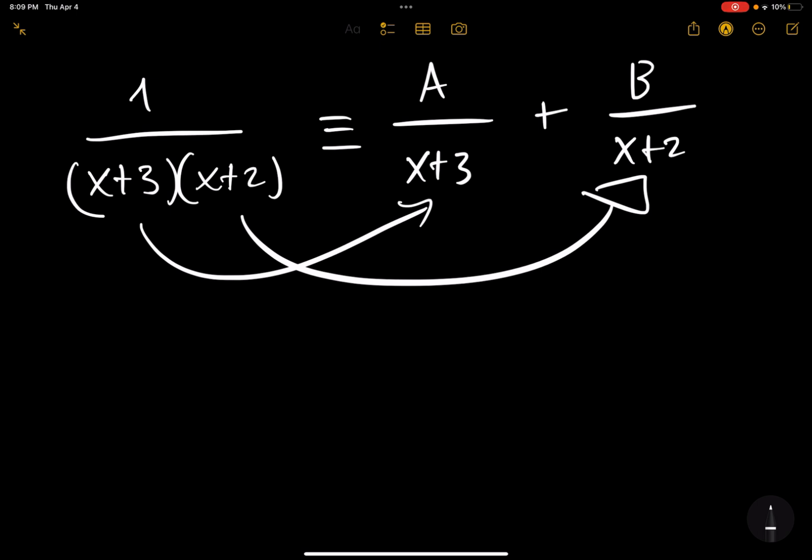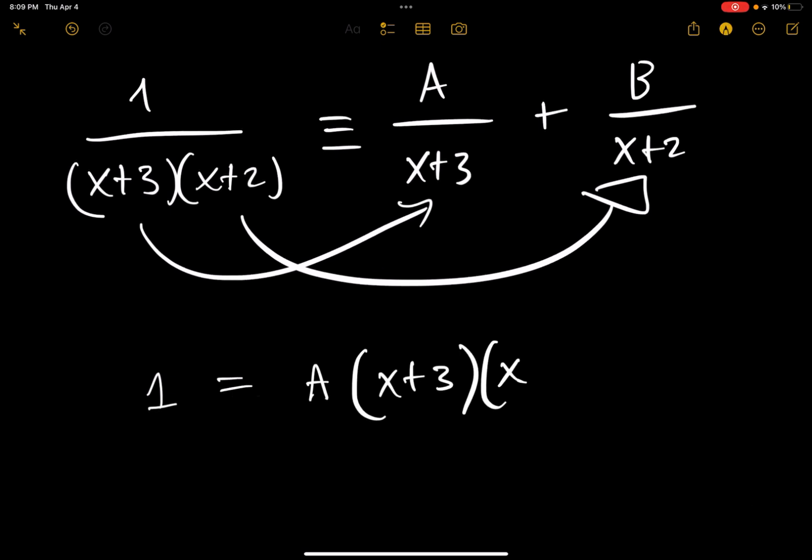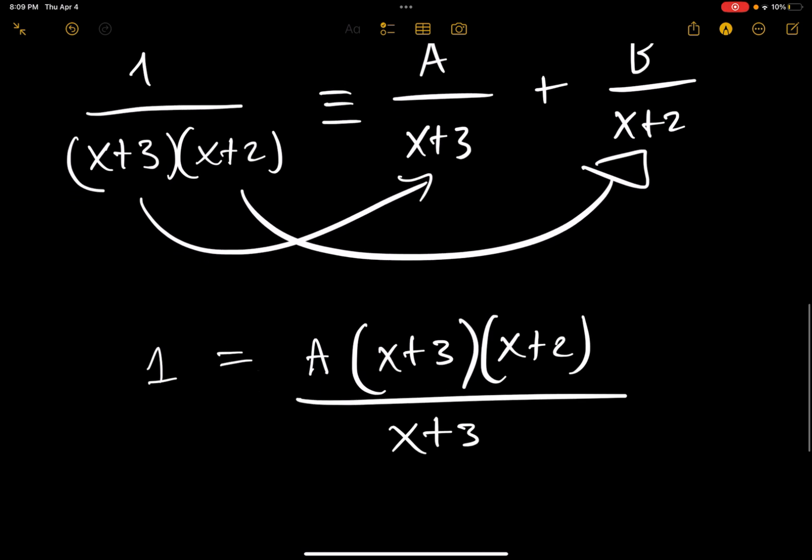Now, in order to figure out what a and b are, to actually have the two proper fractions, we multiply everything to one side. So we multiply x plus 3, x plus 2 to everything. If we multiply everything by x plus 3 times x plus 2, we have 1 equals a times x plus 3, x plus 2 over x plus 3, plus b times x plus 3, x plus 2 over x plus 2.